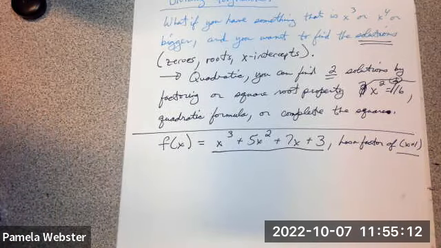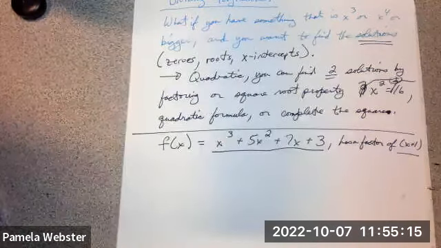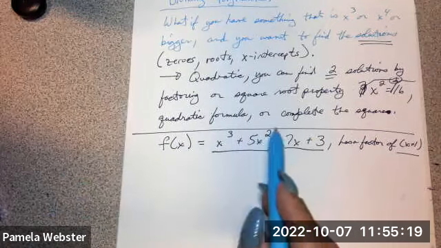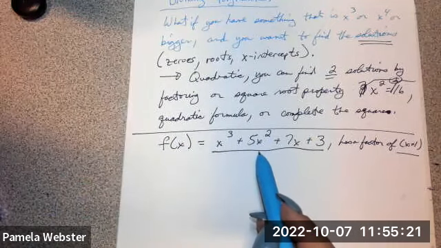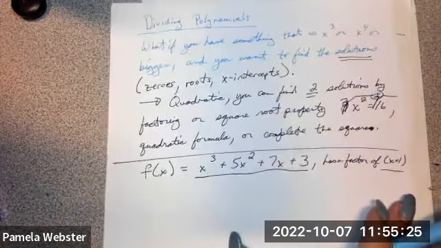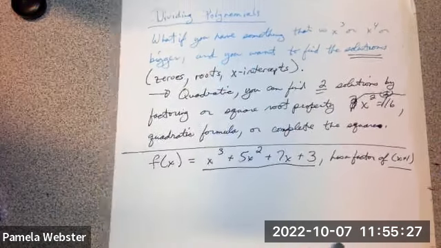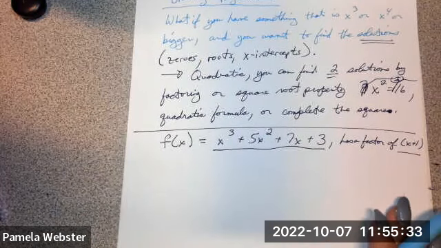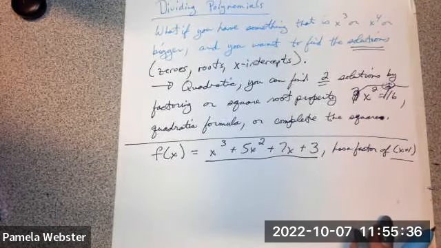So I might tell you, hey, look, this guy. But the problem is you've got to do some math to be able to get this from x to the third down to x squared. And that's where our topic for today, dividing polynomials, is going to come in for us. So there's a couple of different ways for me to do dividing polynomials.